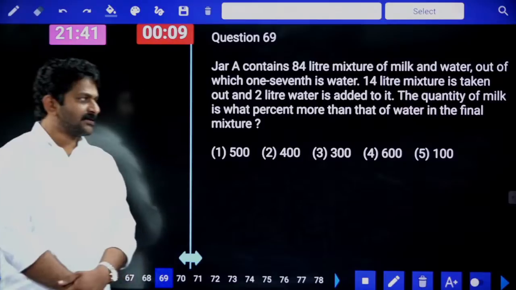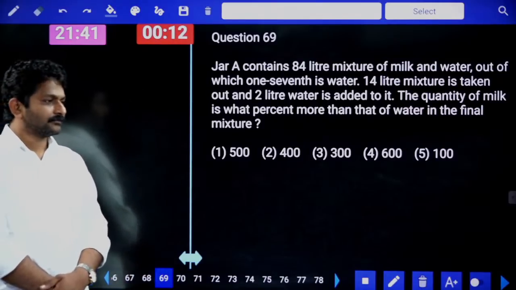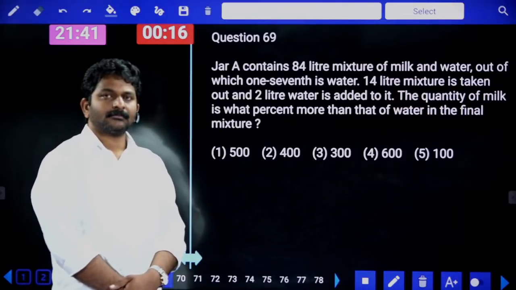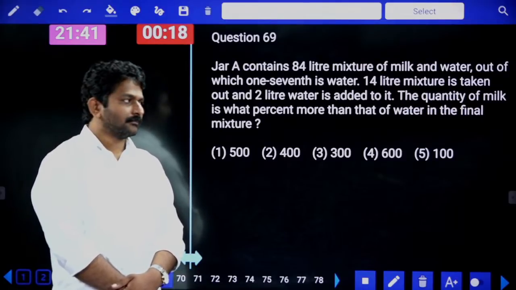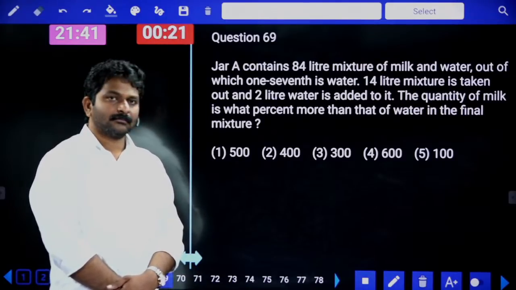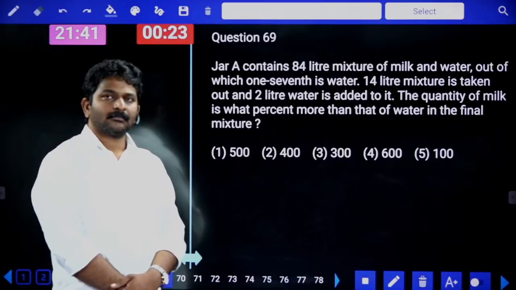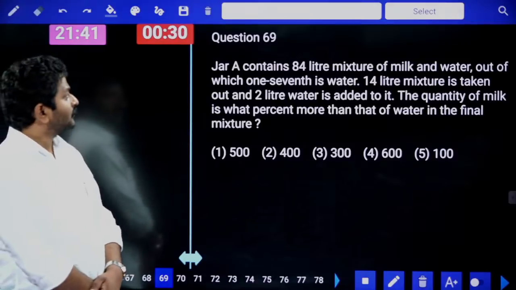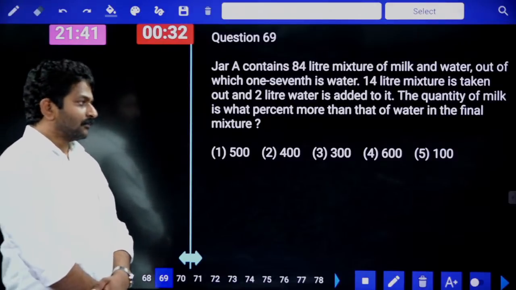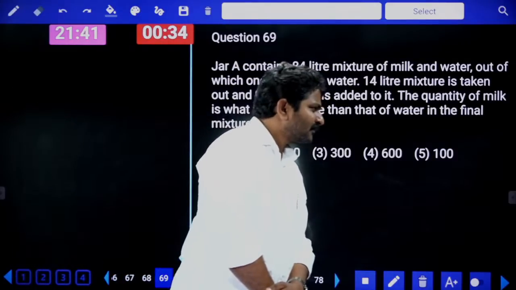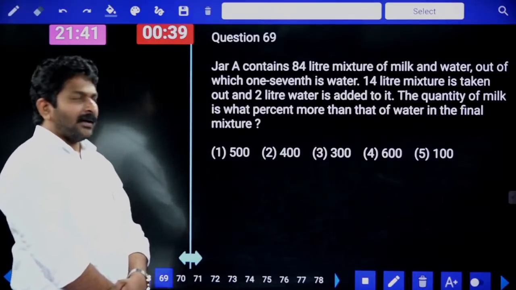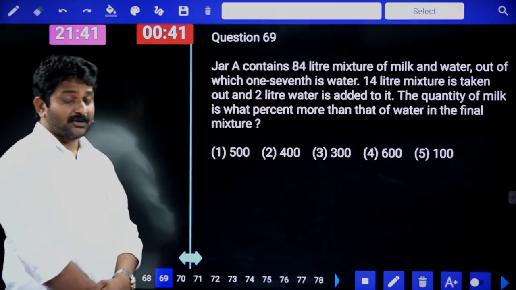Yes, 270 is the right answer. IBPS clerk link next week you'll get.